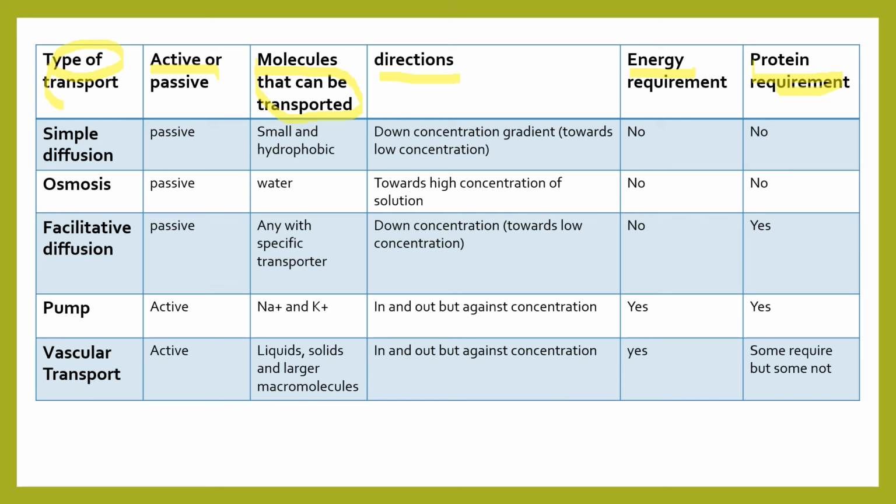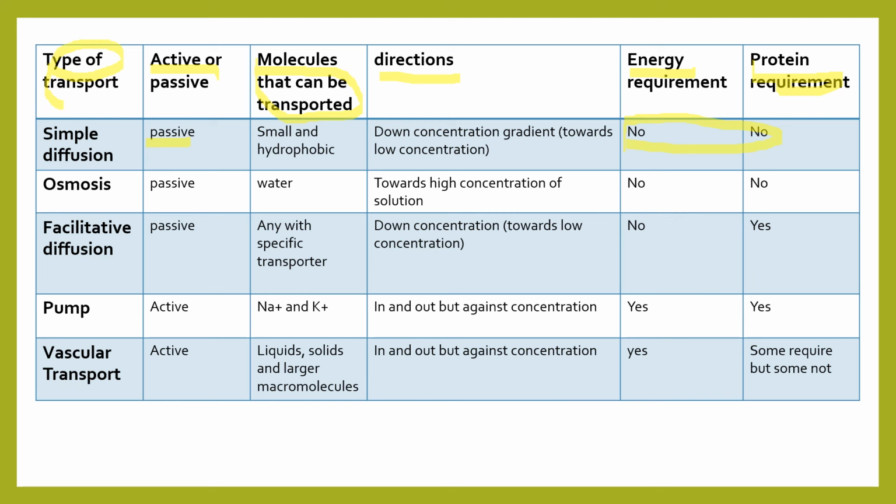First, simple diffusion. It is a passive type of transport. Smaller and hydrophobic molecules can be transported through simple diffusion. The direction is down the concentration gradient or towards low concentration. Simple diffusion doesn't require energy or protein molecules.